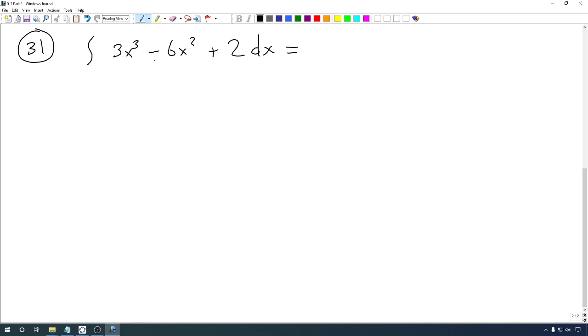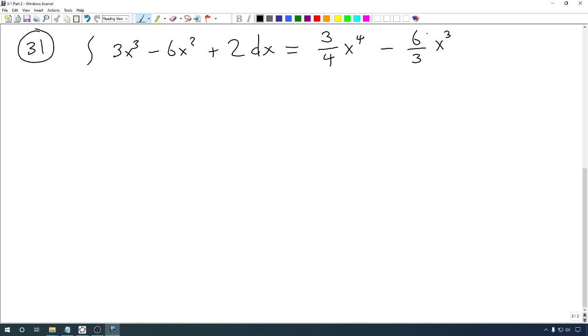The integral of x cubed, remember the power goes from 3 to 4. Then we need to divide by the new power, so we're going to divide by 4. I'll just stick the 3 up on top. Moving on, we have x squared becomes an x cubed. We raise that power by 1. We need to divide by the new power, but then we multiply by the negative 6.